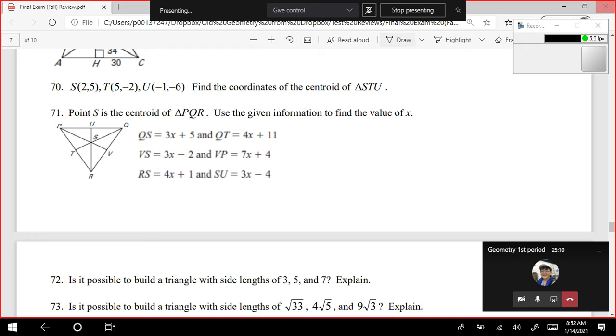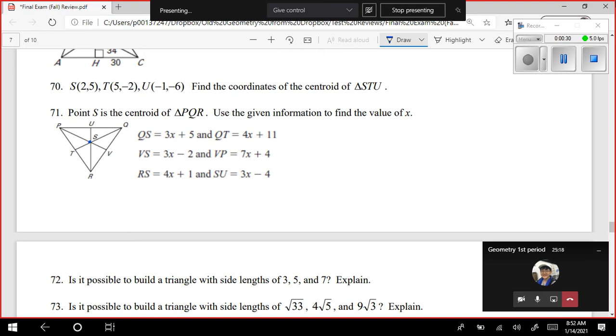Okay. So first of all, the centroid is a point such that its distance from the vertices is two-third of the length of the median. This SR is going to be two-third of UR, US is going to be one-third of UR.